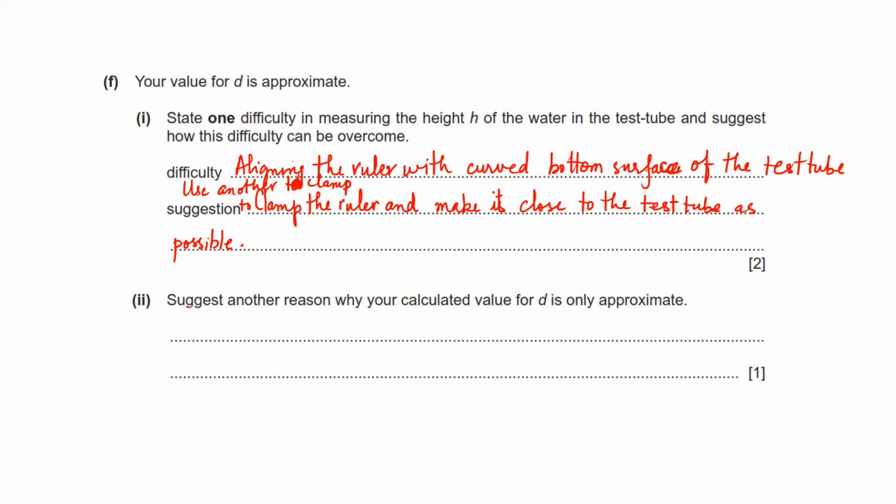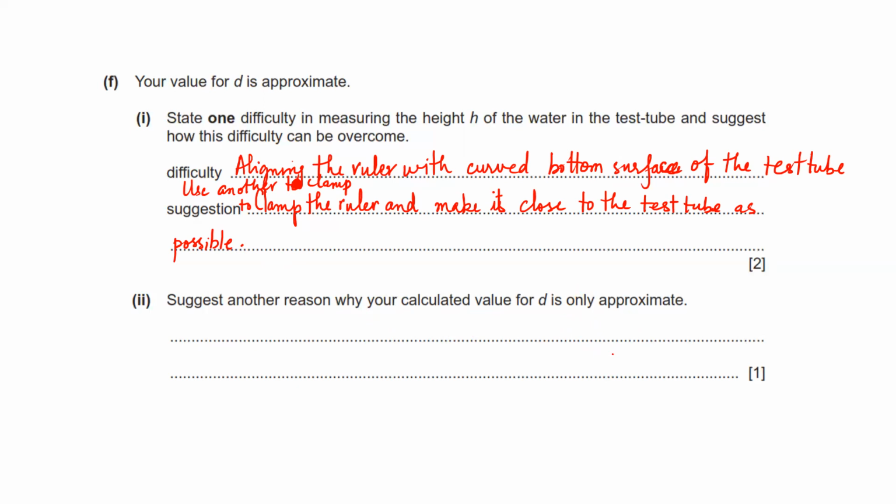Then part 2, it says suggest another reason why your calculated value of D is only approximate. So the measurement accuracy is approximate because the value we are measuring is only up to centimeter cube, and that is because of the accuracy of the measuring cylinder.